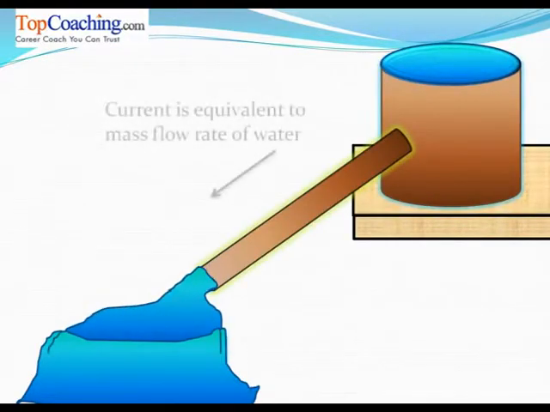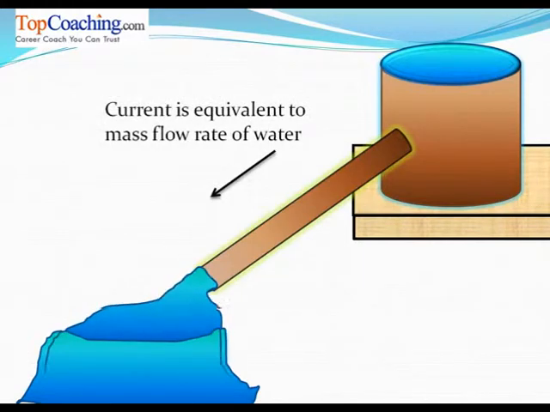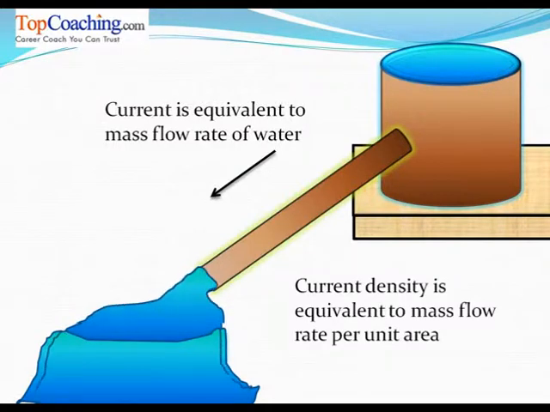We can actually compare the flow of electric current to the flow of water from a tank kept at a higher level to a tank kept at a lower level. For example, current is equivalent to the mass flow rate of water in such a case. In the case of water, water molecules are flowing from a higher gravitational potential to a lower gravitational potential.